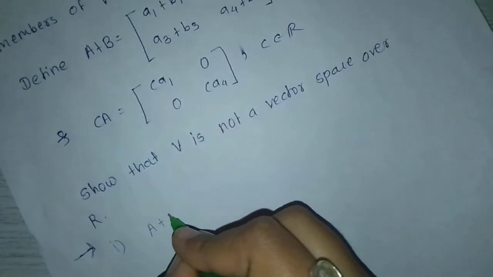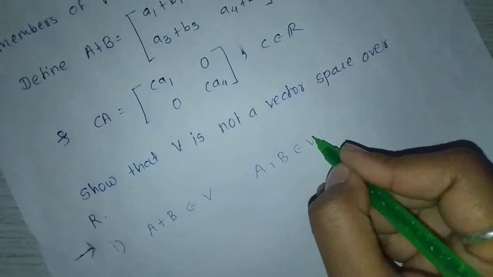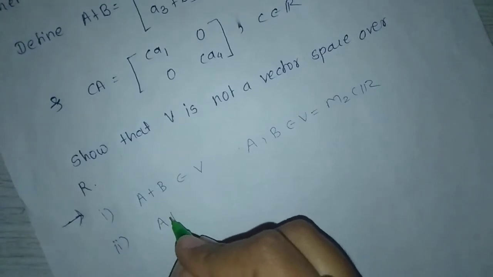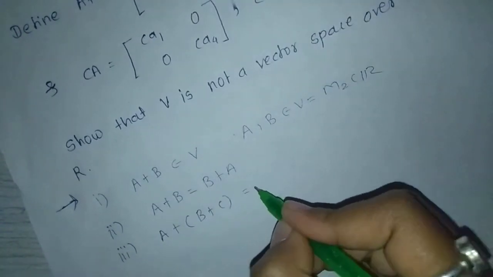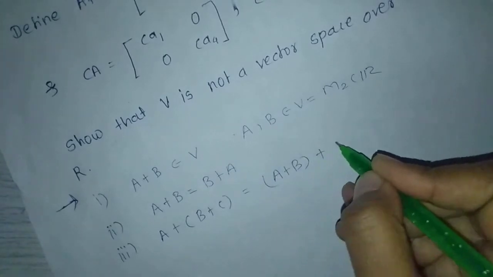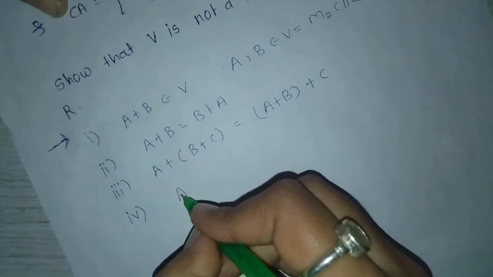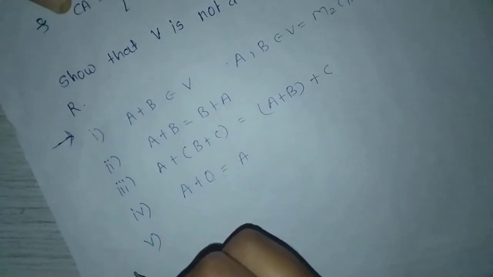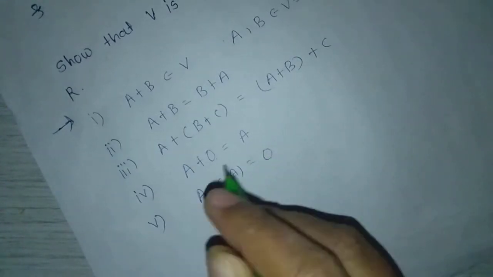First, A plus B belongs to V, where A, B belong to V, V equal to M2 of R. Second, commutativity property, A plus B equal to B plus A. Third, associativity property, A plus B plus C equal to A plus B plus C. Next, additive identity, A plus O, the null matrix, equal to A. And fifth is additive inverse, A plus minus A equal to identity.